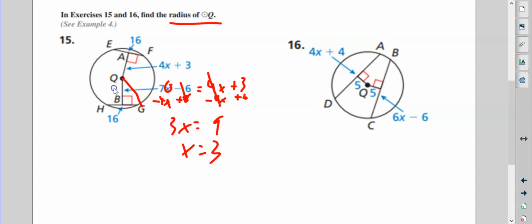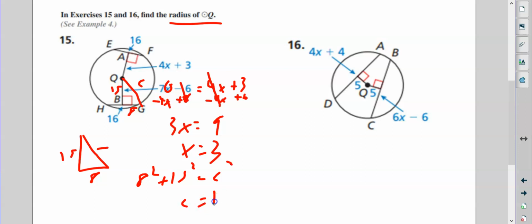Or, if I could do math, that would be 15. And we know since this is 16 here, that makes this 8. So we're trying to find the hypotenuse. So we have a triangle like this. This is 8, this is 15, and we're trying to find this. So that's 8 squared plus 15 squared equals c squared. This is also a Pythagorean triple. And if you do the math, c ends up being 17. And that is the radius also.